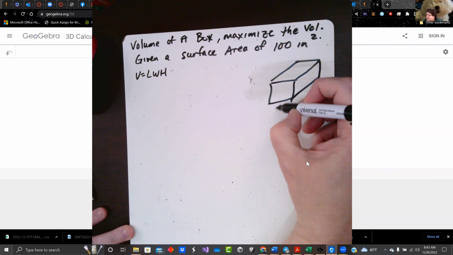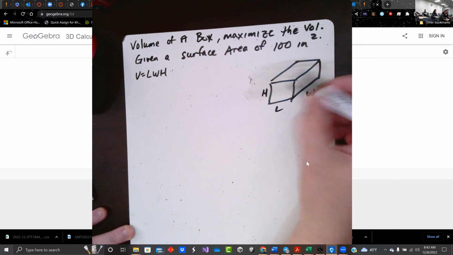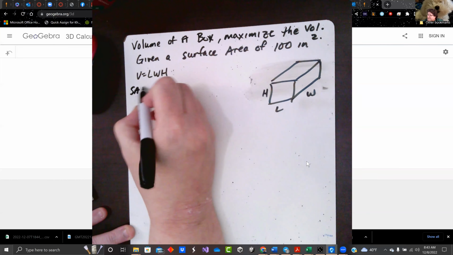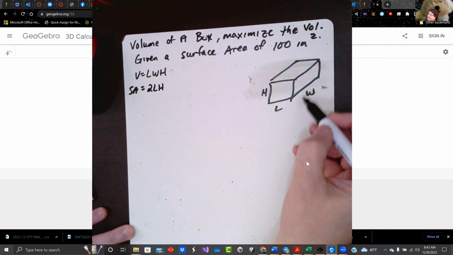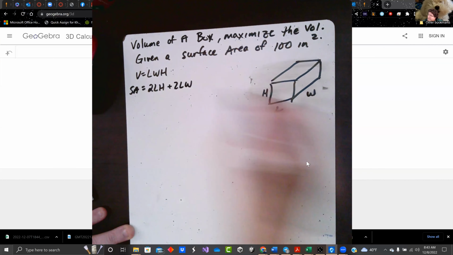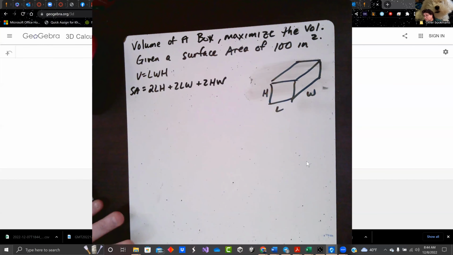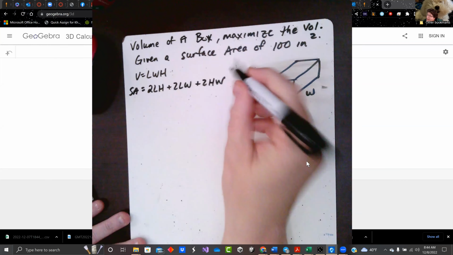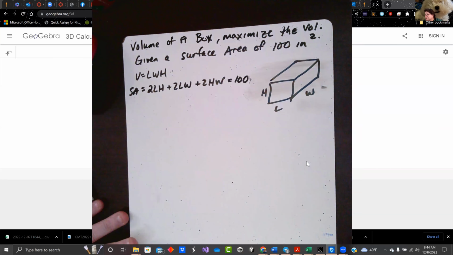Let's call this L, W, and H. The surface area: I've got two sides that are L times H, two sides that are L times W, and two sides that are H times W. And that needs to equal 100 inches squared, but we'll add the units in later.